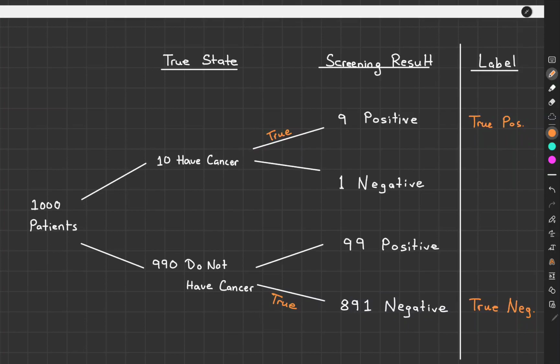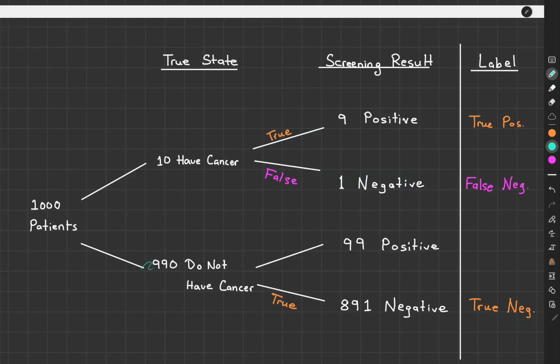And then we've got these middle cases, where a person is falsely identified as negative. So even though that person has cancer, they're coming from the group of 10 with cancer, they may get falsely identified as negative.